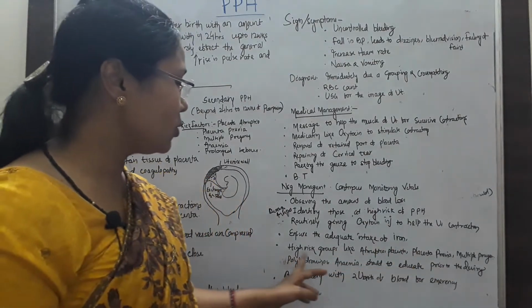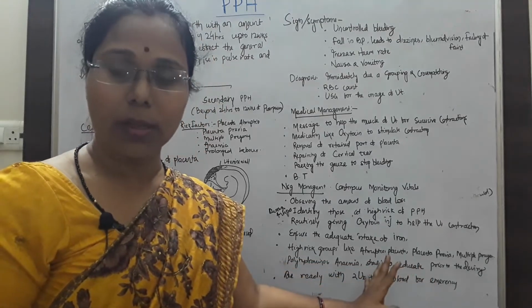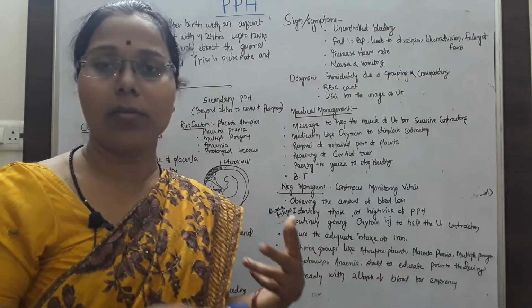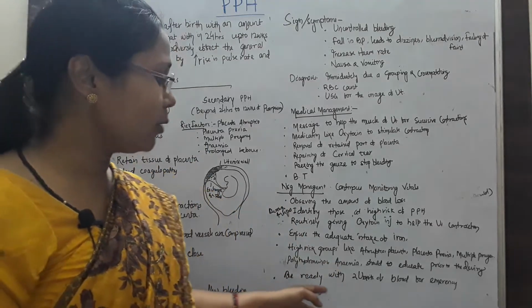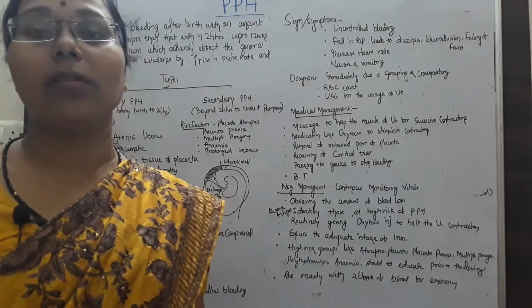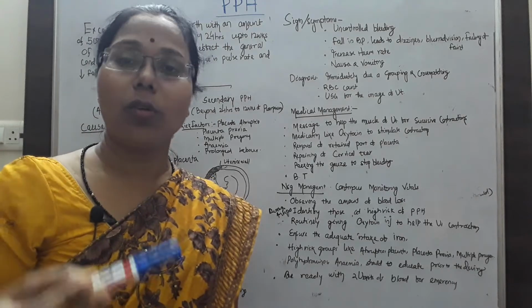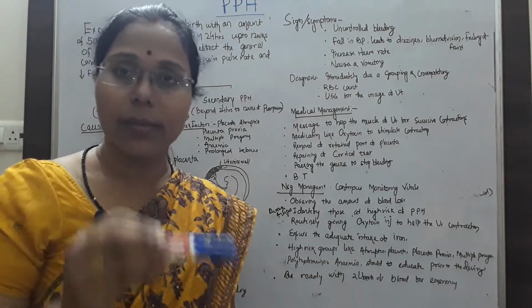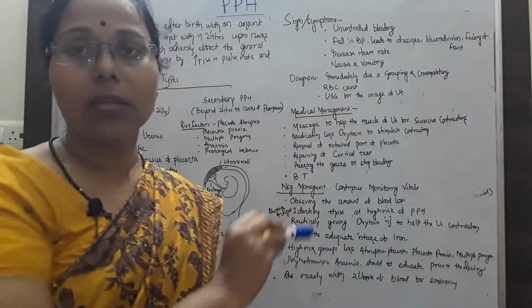Those who are at high risk should be aware about PPH also. Be ready with 2 units of blood for the emergency. If such high risk patients go into labor, we already keep 2 units of blood for emergency conditions to avoid such mishaps or any shock conditions.